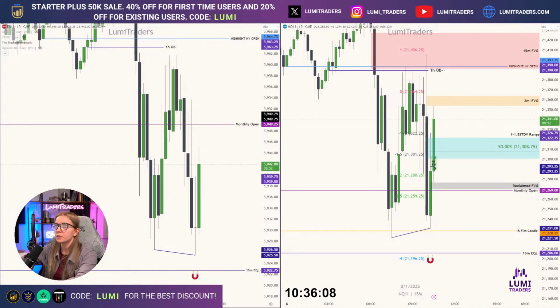What about SPX? Let me check SPX real quick. SPX, interesting reaction from 25% of RTH gap, almost to the tick from 25% of RTH gap. Okay, I'm going to keep this on my chart.